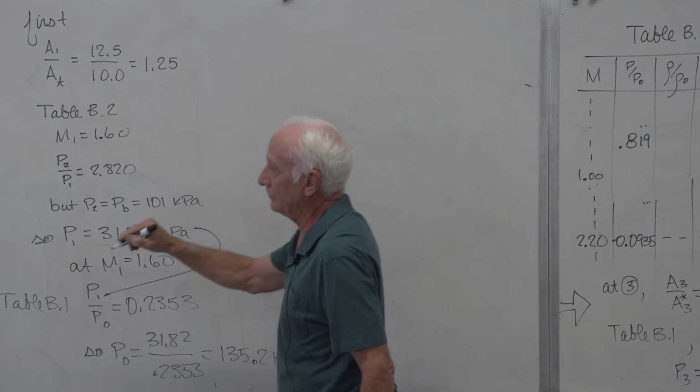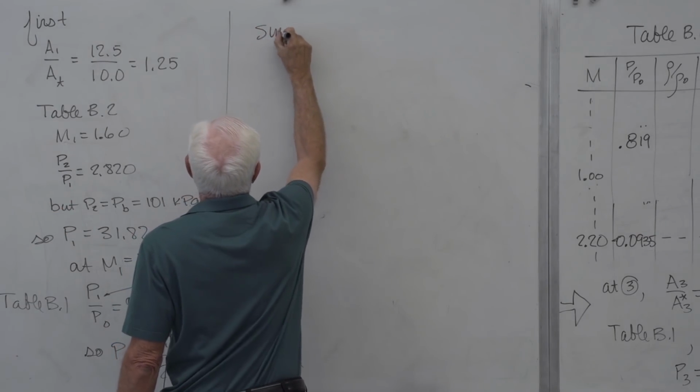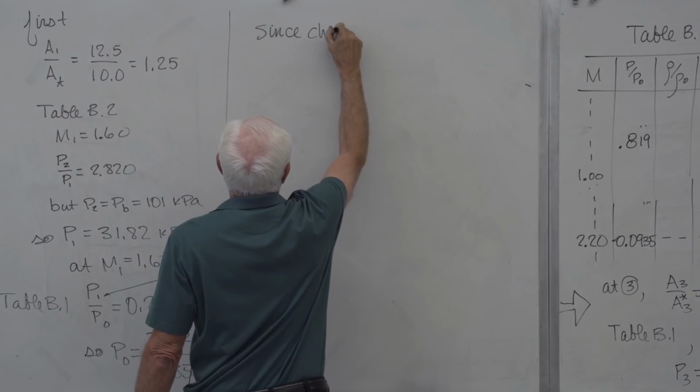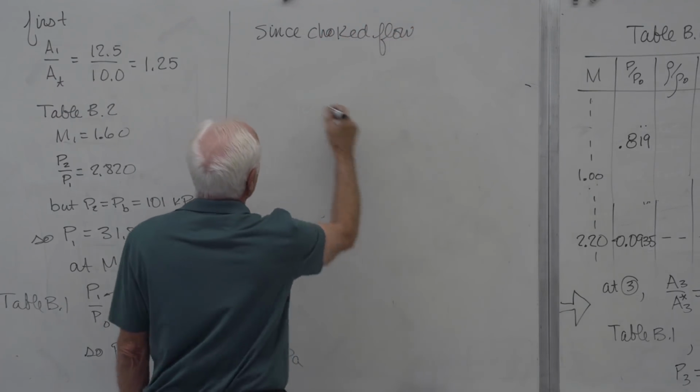Part 2, find the mass flow rate. Well, since it's choked flow, you might as well use the easy equation.